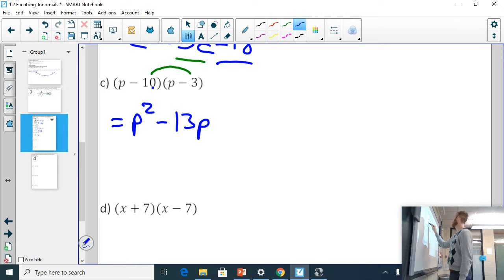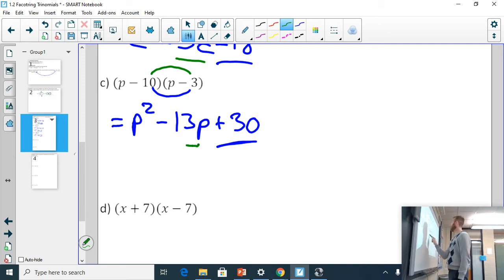And then the last one is going to be those two things multiplied together. Negative times negative is a positive. 10 times 3 is 30. And so that should be our answer. That is the two end pieces multiplied together, and this is the two end pieces added together. So the positive 30 comes from multiplying. I think I might have said add, I might not have.